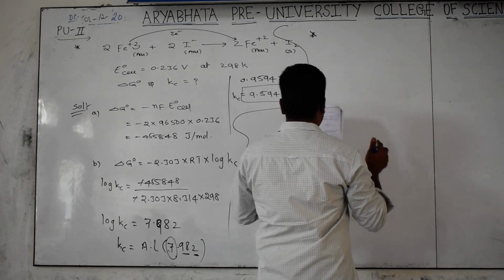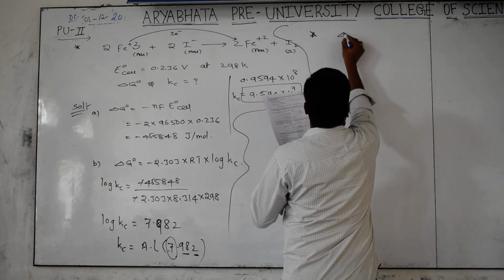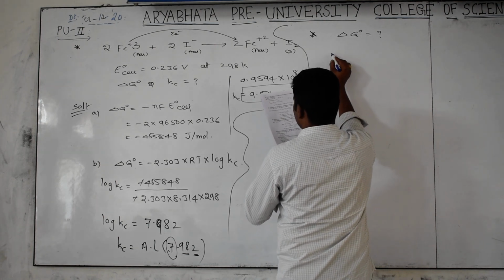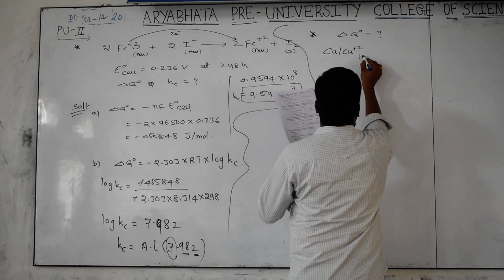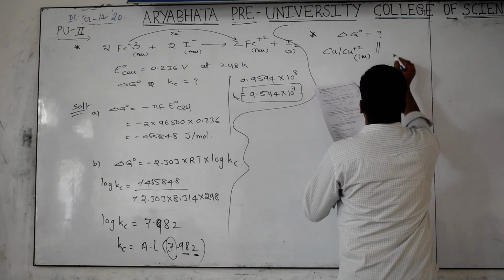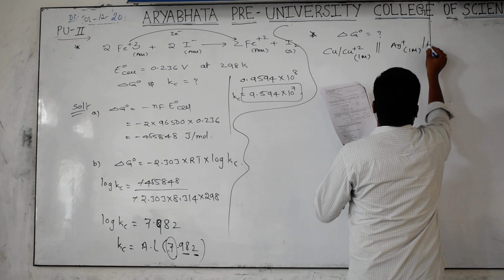Next, the standard free energy change, the delta G naught value, is asked. The given cell reaction is Cu becoming Cu2+ at 1 molar concentration, salt bridge, Ag+ at 1 molar concentration becoming Ag.